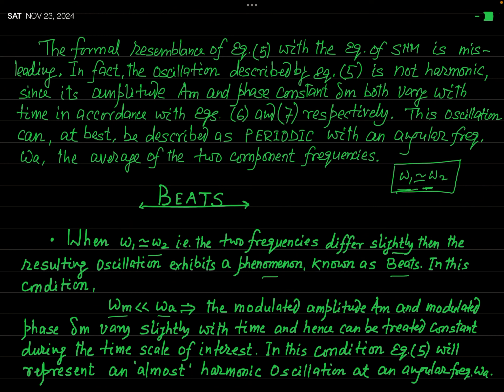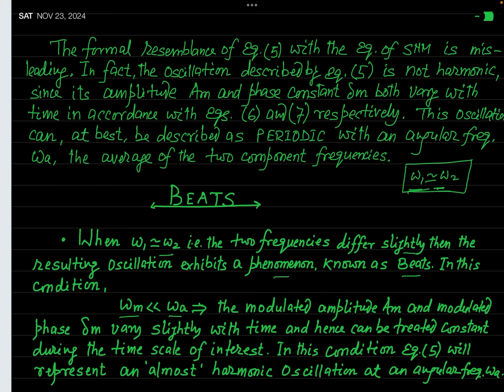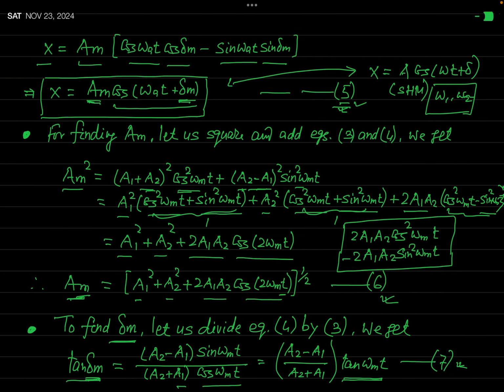Actually in this case, the modulated amplitude AM and the modulated phase constant delta m will vary very slightly with time, as you can see. Since omega m is now very small, almost 0, when you take it as 0, then cos 0 will be 1 and AM will be completely time independent.